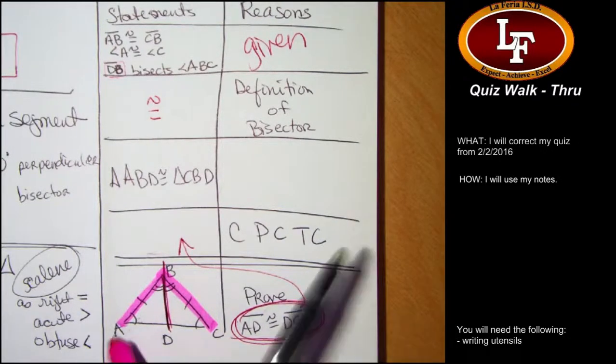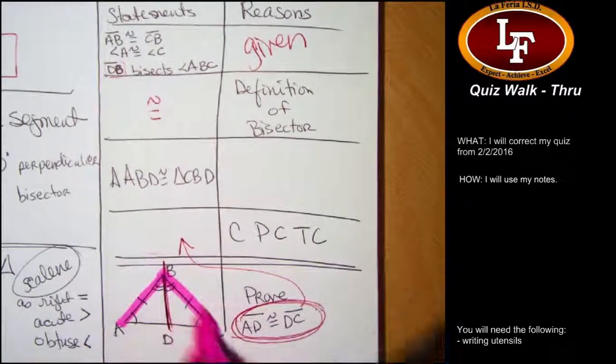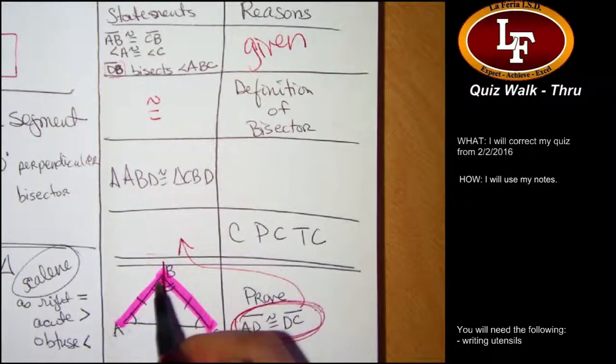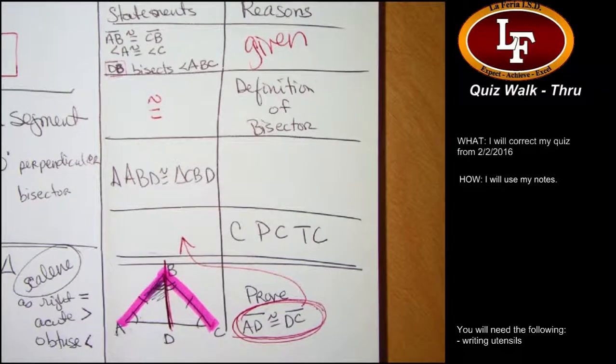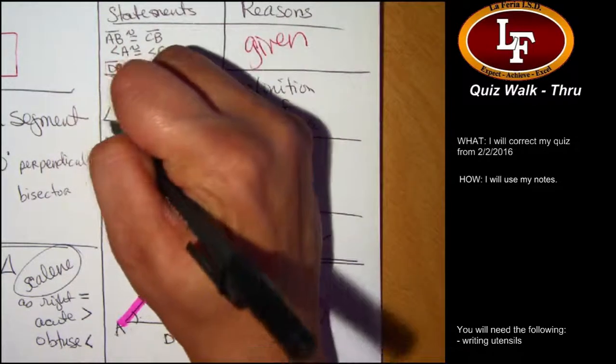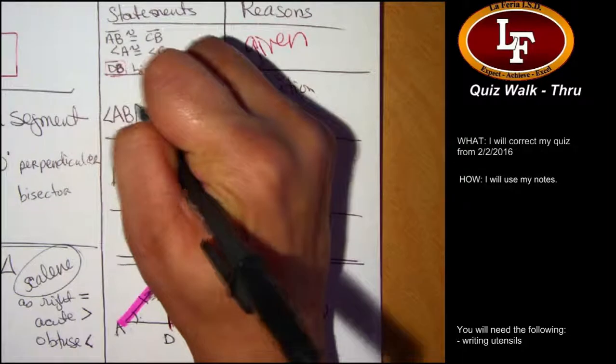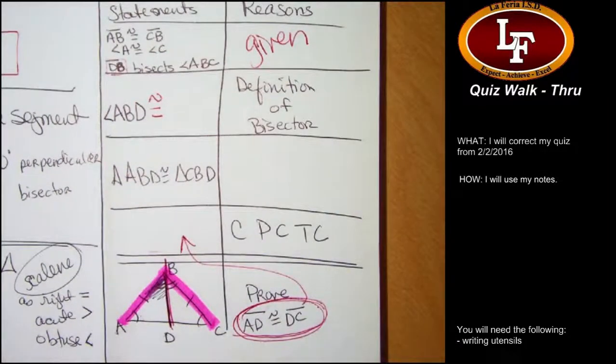I went from A toward B toward C. So if I wanted to name this angle piece right in here, what could be a valid name? ABD. A toward B toward D. Don't forget the angle symbol. Angle ABD. Which angle is that one congruent to? DBC. Yes. Write it in. Don't forget your angle marker.